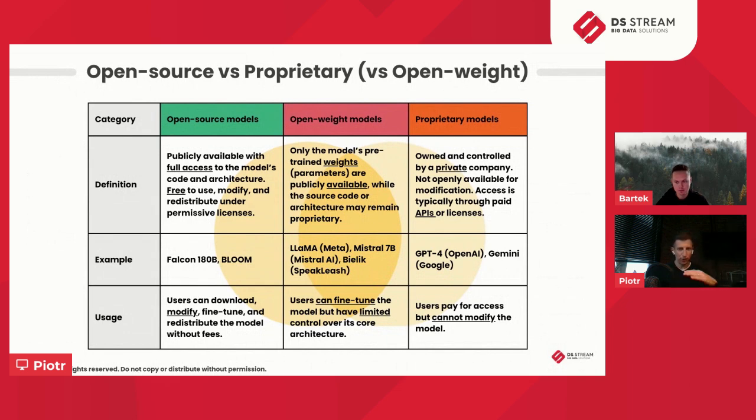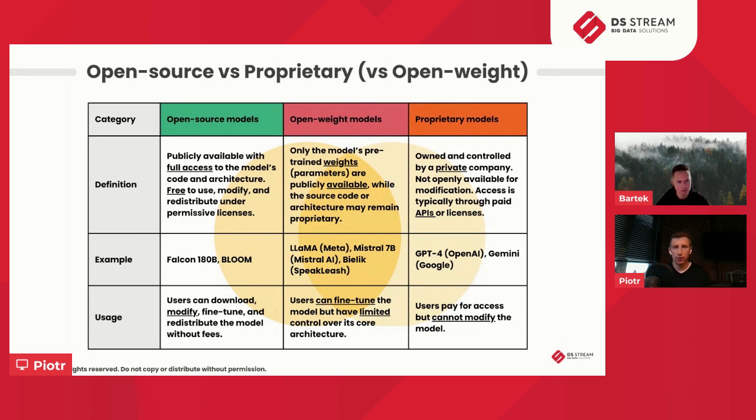There are other layers that are not visible to you. But in open source, what is important is that you get full access. The second important characteristic of open source is that they are free, so you can take it and use it.